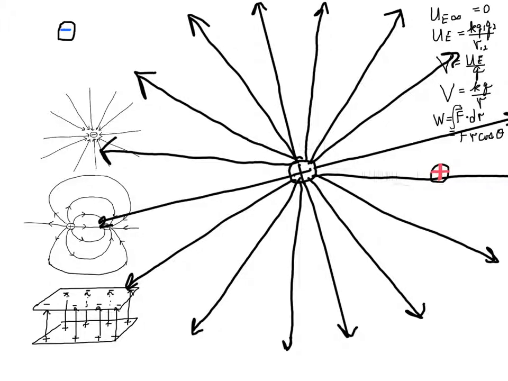According to the work equation, I want to move it perpendicular to the force, right? So for this position, let's say it's 10 centimeters away, any place where it's 10 centimeters away, this charge will have the same energy, logically, physically, and by virtue of this equation, because the k's and the Q's are the same, and if the r remains the same, 10 centimeters or whatever it is, the energy will be the same.